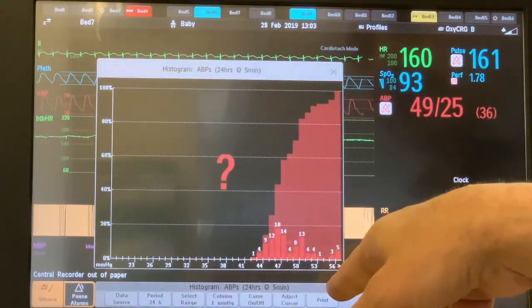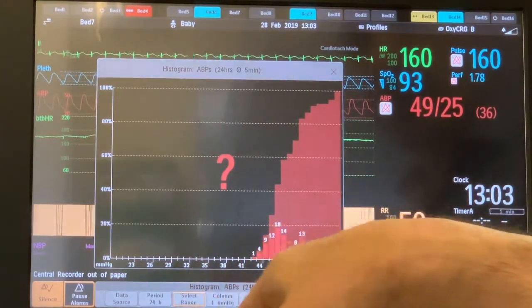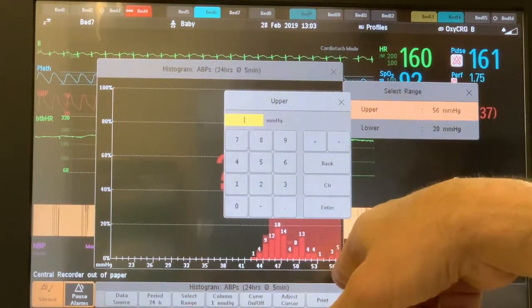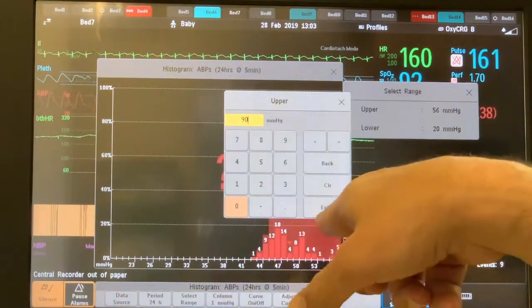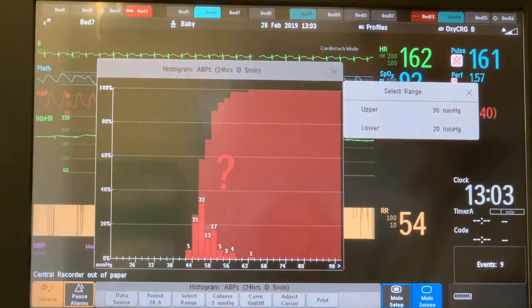You have the histogram here exceeding the upper limit. So you can change the range and make the upper limit higher than what's on the screen. So make it maybe 90 millimeters of mercury, and then you can get the histogram beautifully in the middle of the screen.